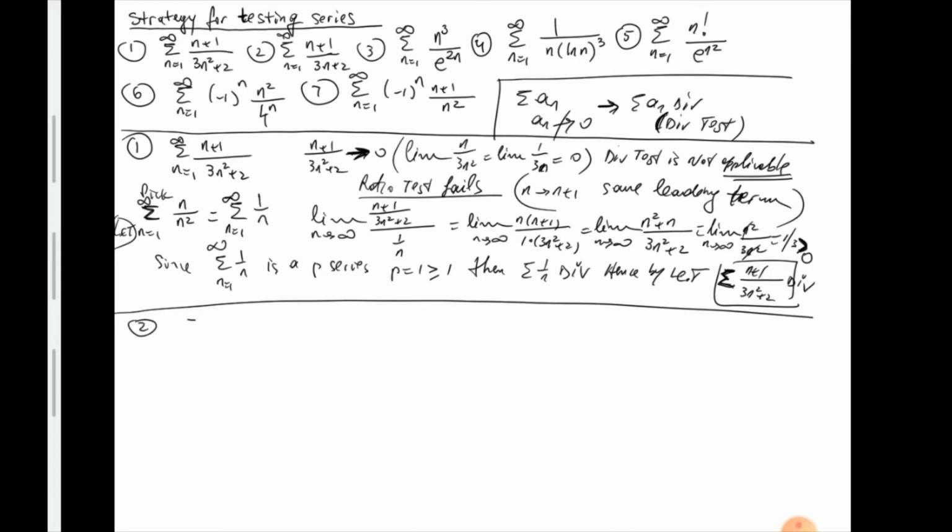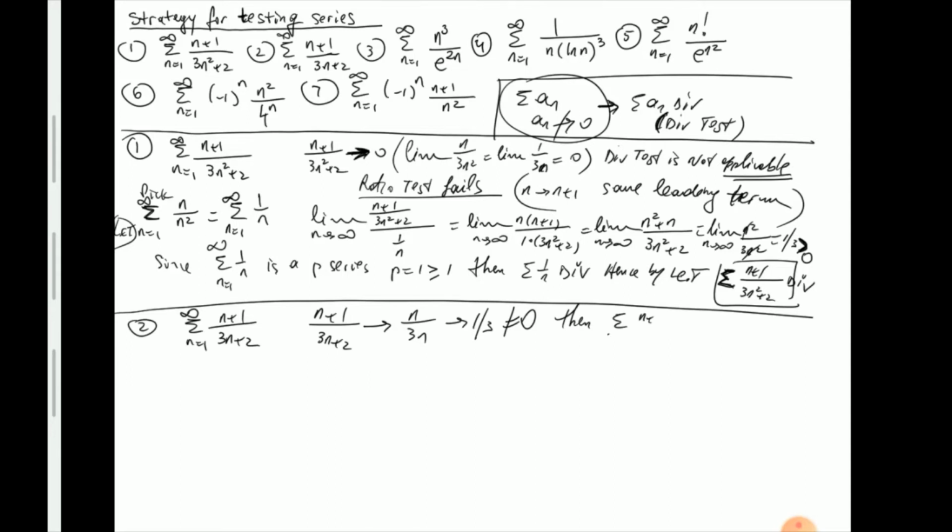Let's go over number 2. And let's go a little bit faster here. Notice if I check the divergence test, if I take the sequence and I take the limit, again, the limit is decided by the ratio of the leading coefficients, which is 1 over 3. Because the sequence an doesn't go to 0, then we're done.